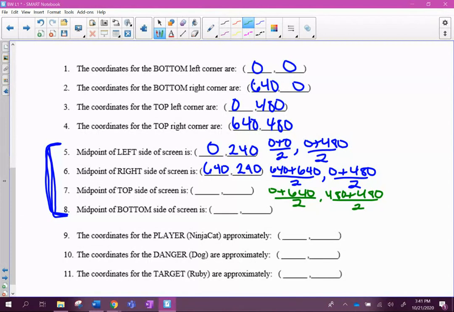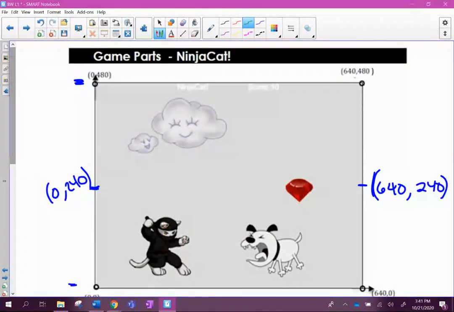So my answer for this, half of 640 is 320. And then half of 480 plus 480 divided by 2 gives me 480. So the top of the screen is 320, comma, 480.